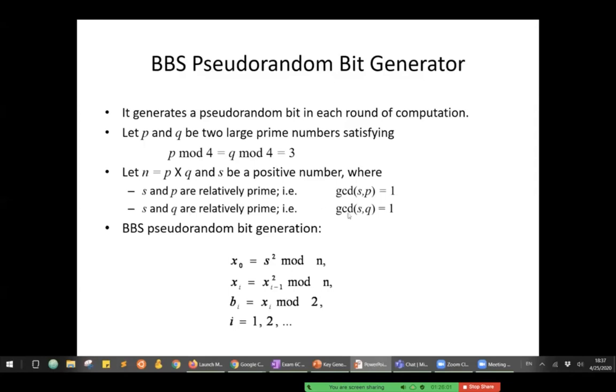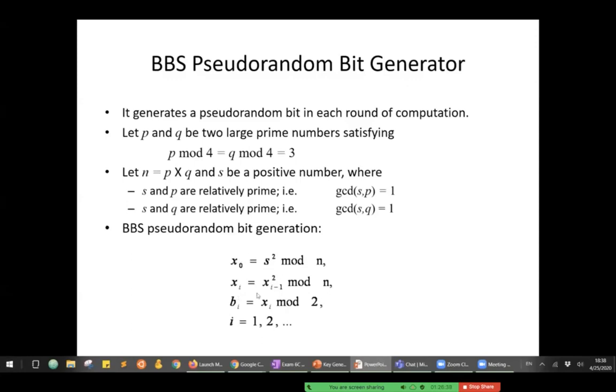Okay, so S is relatively prime to P and S is relatively prime to Q. Once we have these three parameters, we can generate pseudo-random bits as follows. The first random bit x0 is equal to S squared mod n, and then you keep on squaring the result mod n.